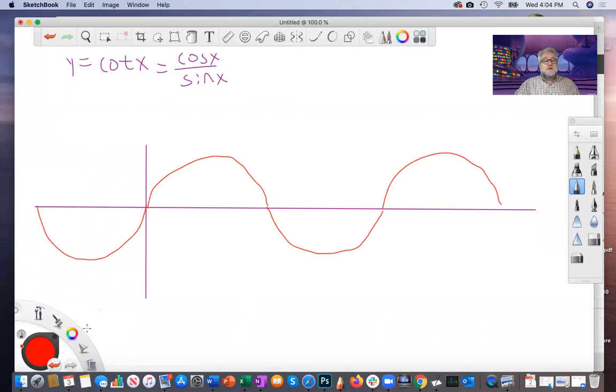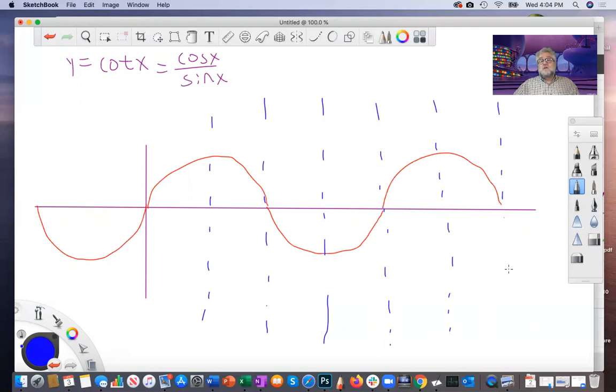Okay, and then I'll do cosine. I've got to mark these spots, otherwise it's really hard to draw cosine. We got here 2 pi. And this is 2 pi plus a half, so that'd be 5 pi over 2. And here's 3 pi, and we got minus pi over 2 and minus pi.